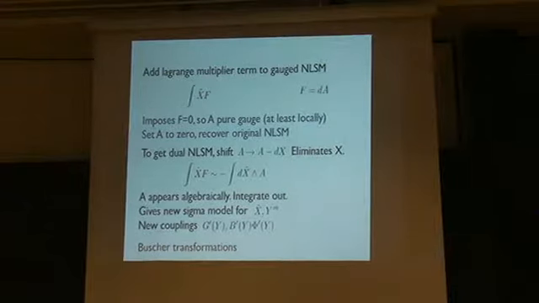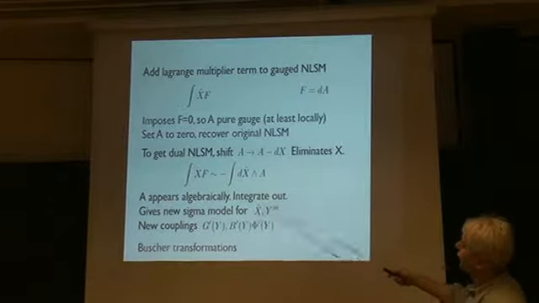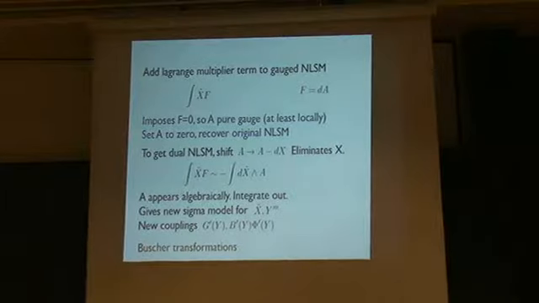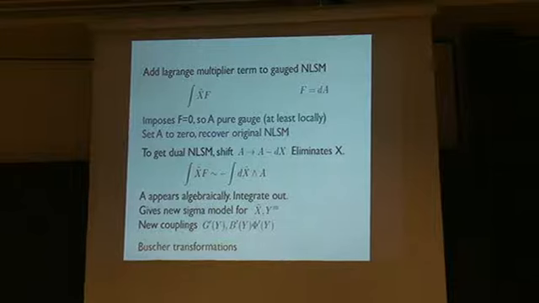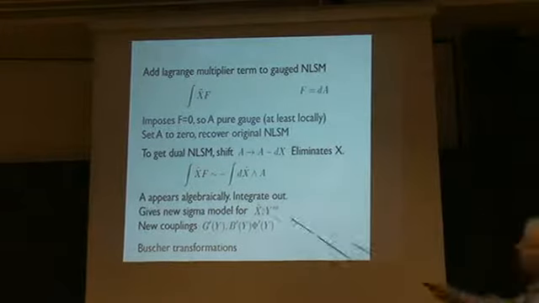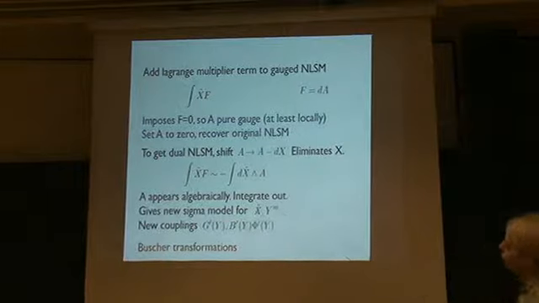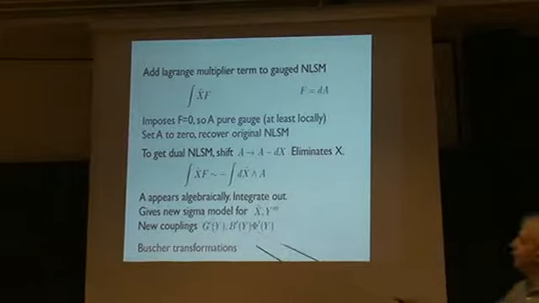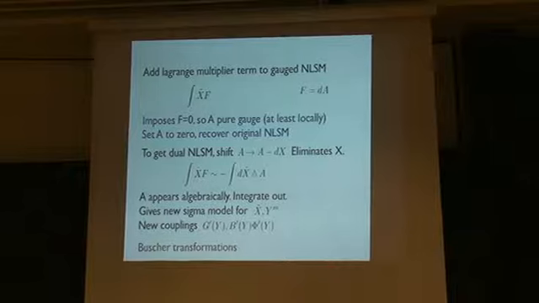It appears just quadratically. We can integrate it out, and this will give a new sigma model for the coordinates x tilde. So here we've got some terms quadratic in A, we've got terms linear in A. So this will give terms quadratic in dx tilde when we eliminate A. And so we end up with a new sigma model involving the coordinates x tilde and y, which will have new couplings, which will all be independent of x tilde, and will give a new metric, B field and dilaton, which arise in this way.